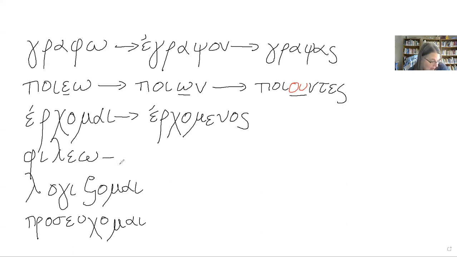Phileo, he asks for the aorist plural. So if we think about the aorist, we're going to get phil, and here we're going to get an eta sigma omicron nu, because this epsilon becomes an eta in front of the sigma. So now if we take the aorist stem, we drop the epsilon because participles don't get augments.